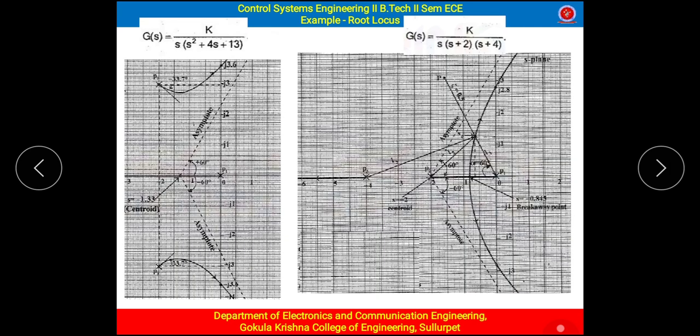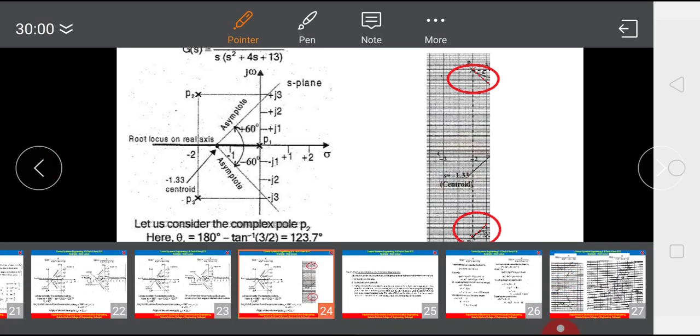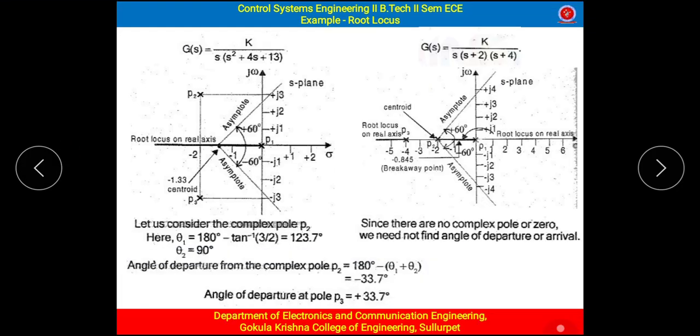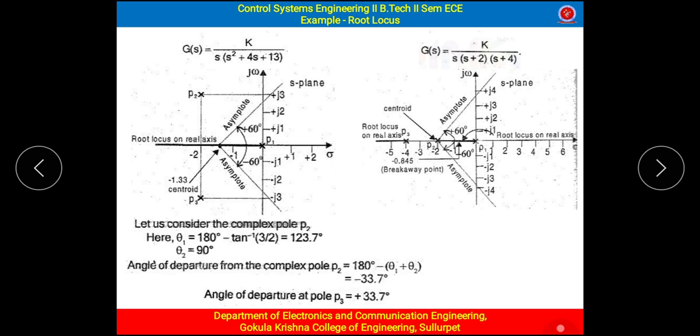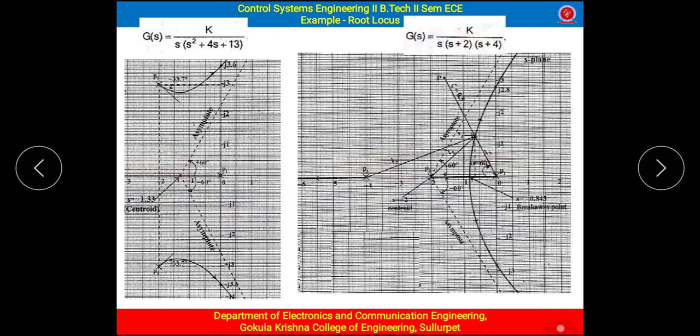Now, we know that the root locus branch starts from a pole. Here one pole is there, and here one pole is there. In the previous step, using the angle of departure, we have already drawn this line.